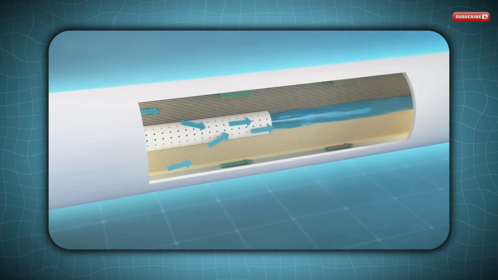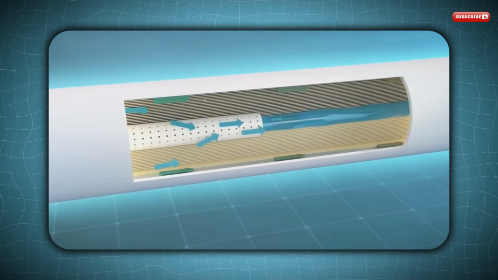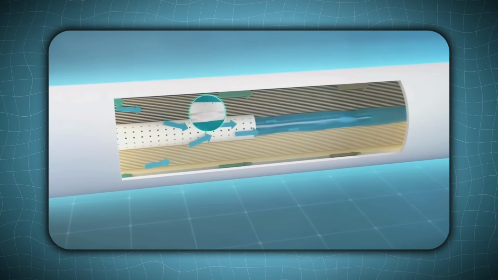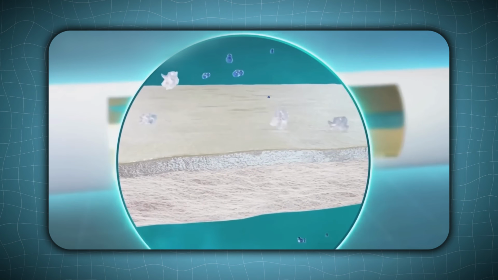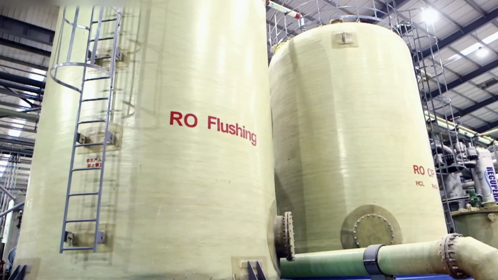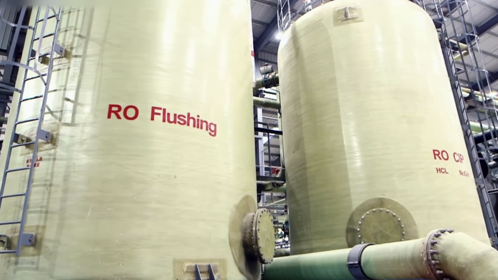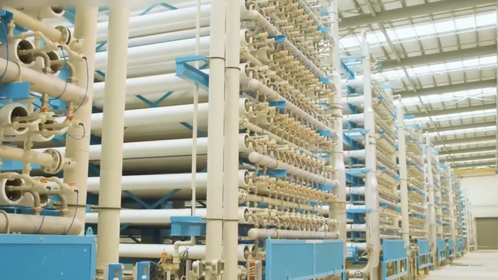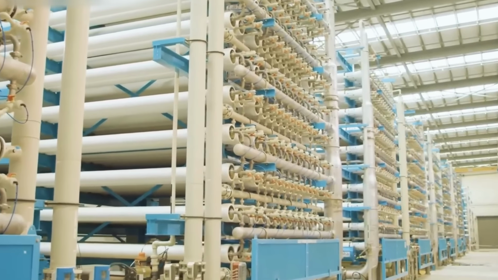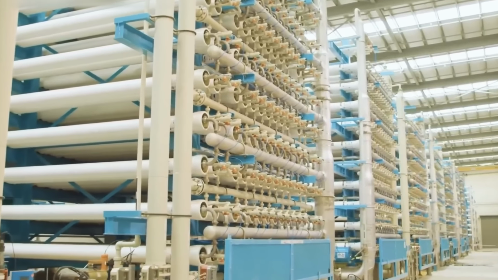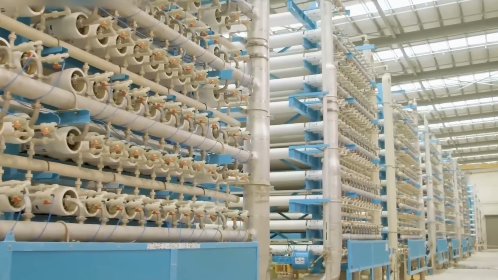High-pressure pumps raise the pressure of the pretreated seawater before sending it into long pressure vessels containing reverse osmosis membranes. Seawater systems typically operate at roughly 55 to 82 bar, or around 800 to 1,200 pounds per square inch. That is dozens of times atmospheric pressure.